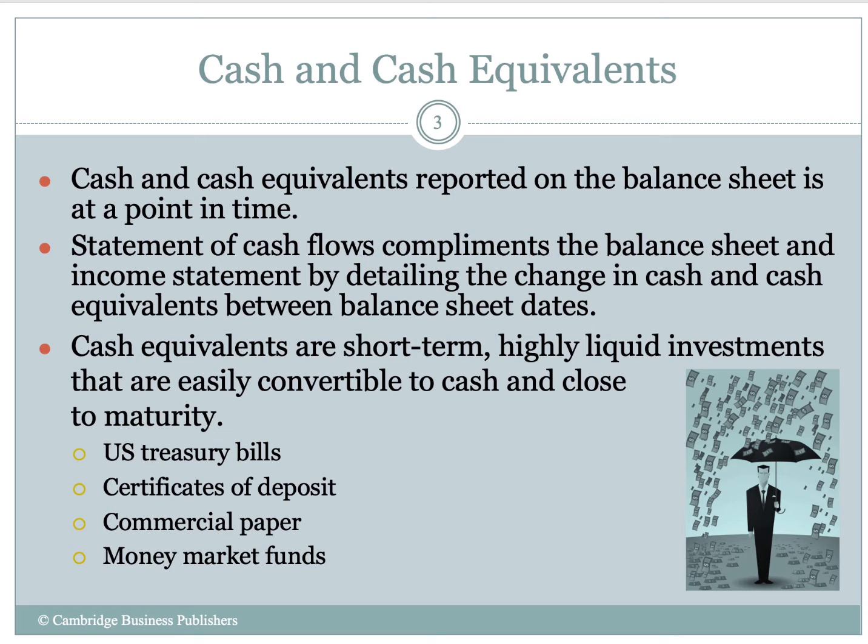So the first thing we need to realize is what are cash and cash equivalents, right? Well, we know what cash is. Cash is money, right? The dollar bills, the change. Cash equivalents are a little different, right? We consider them cash because they are very, very liquid.